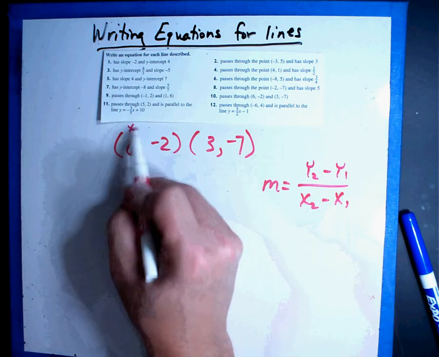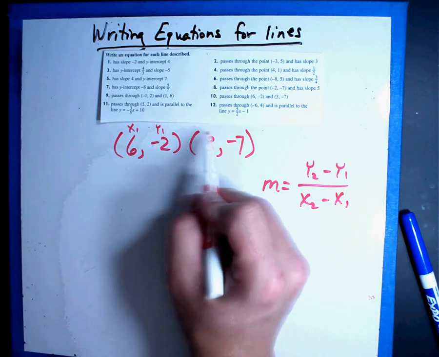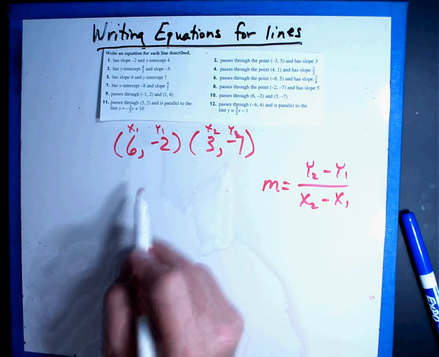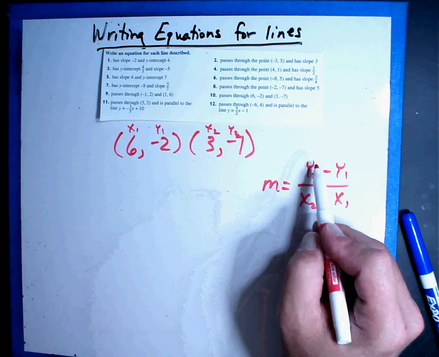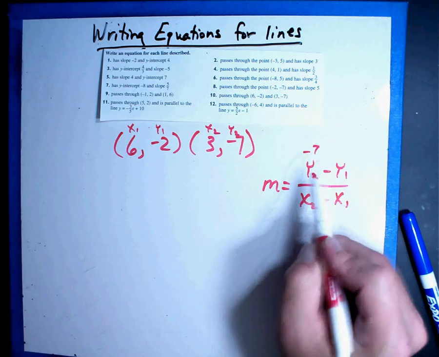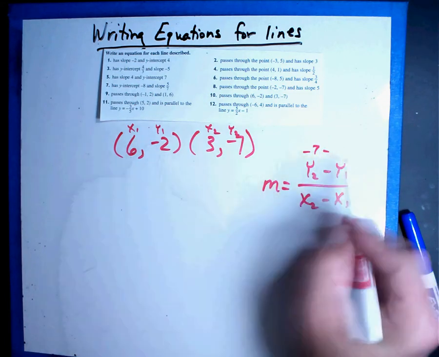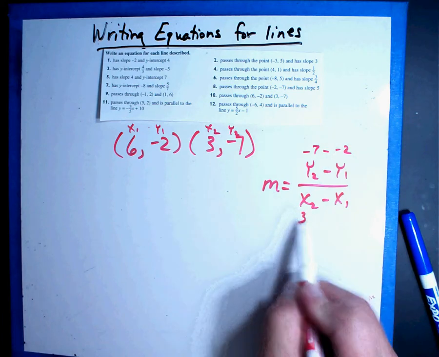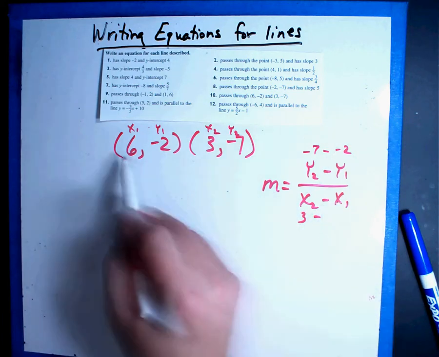So let's say x1, y1, x2, y2. So we need to get this first. So y2 is minus 7 minus a negative 2. And x2 is 3 minus 6.